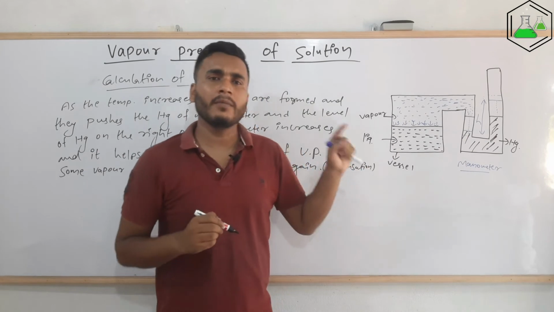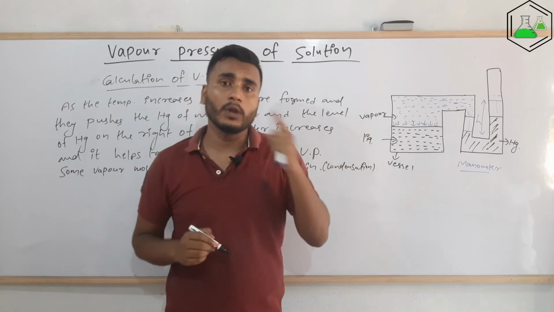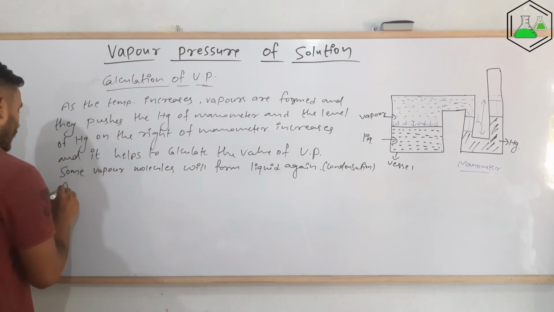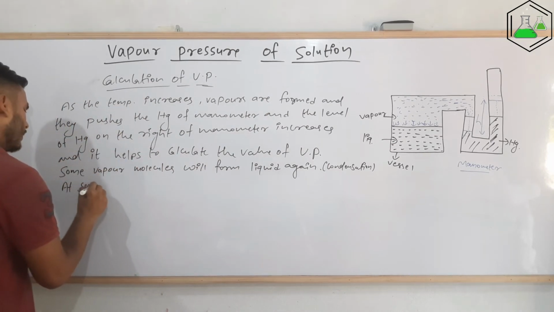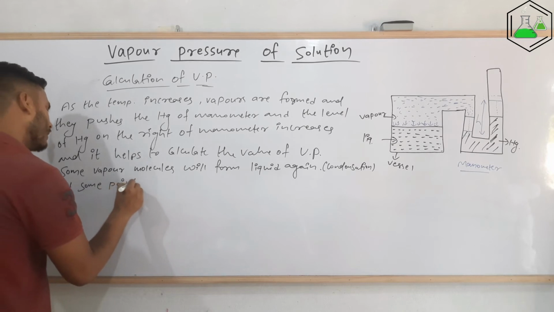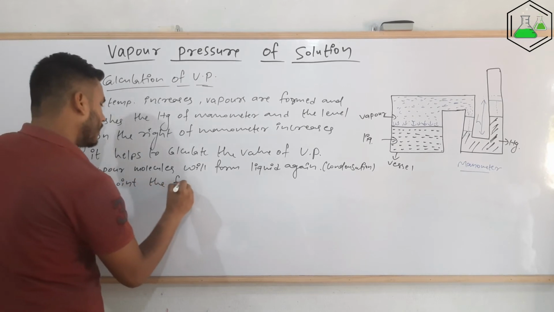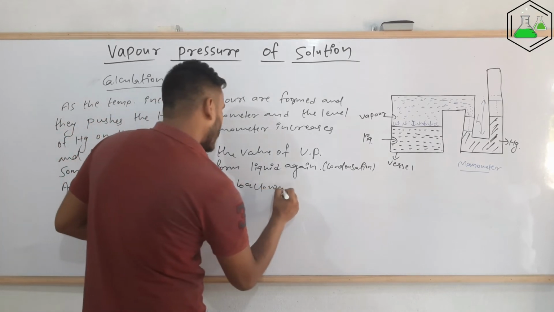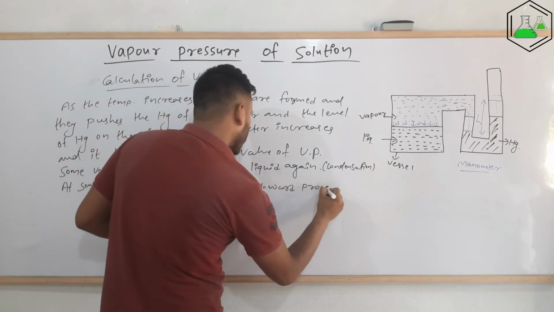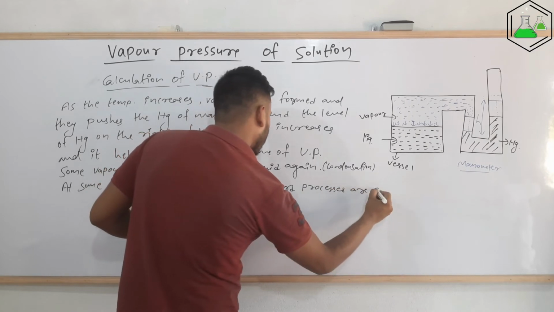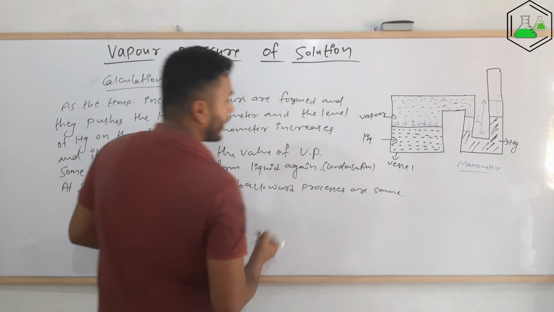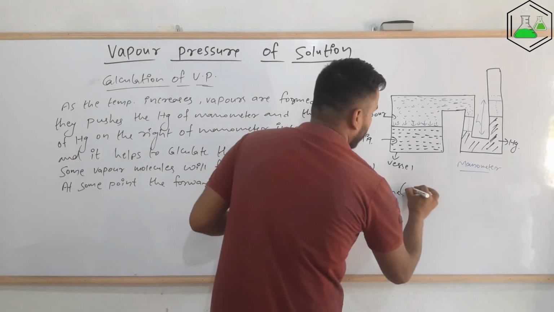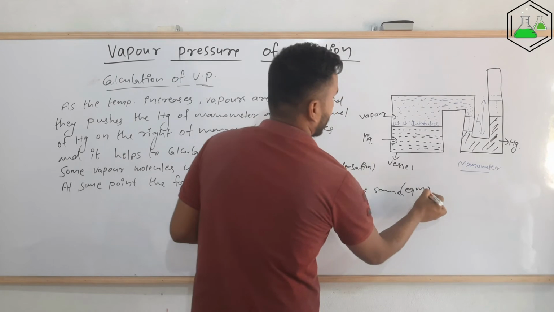Now there will be a time at which these two processes will be equal, that is called equilibrium condition. So at some point the forward and backward processes will be the same, that is equilibrium.